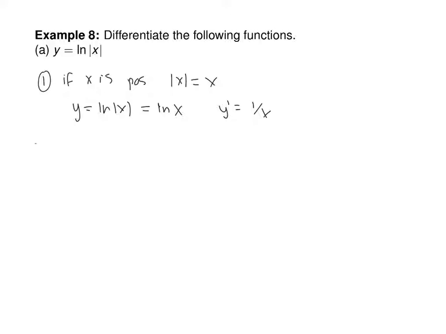Okay, part 2 is if x is negative, then absolute value of x is negative x. You can think about that two ways with a number. If I absolute value negative 3, it's the same thing as negative 3, right? That's how you make a number positive, is you negate it, right? Or you can think about the function absolute value of x.